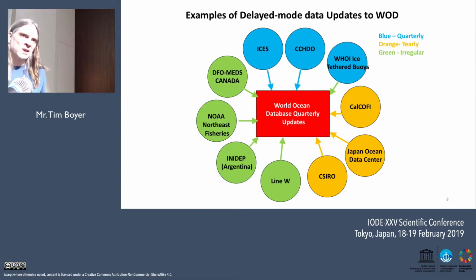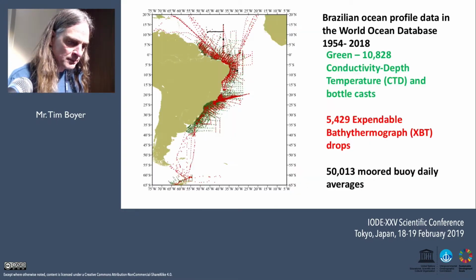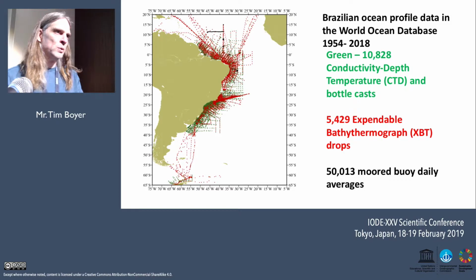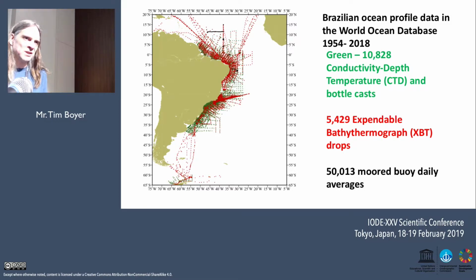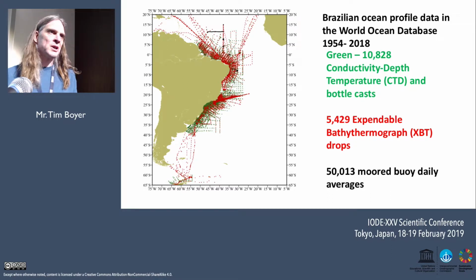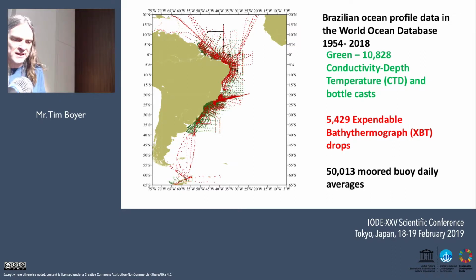So any place that we can get these data, we gather it together into the World Ocean Database. And of course, we did talk already about the near real time from GTSPP and Argo and so on. So we bring all of that data together to get a historic up to the present time series to make these studies.